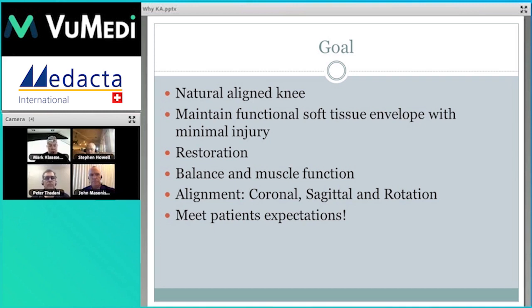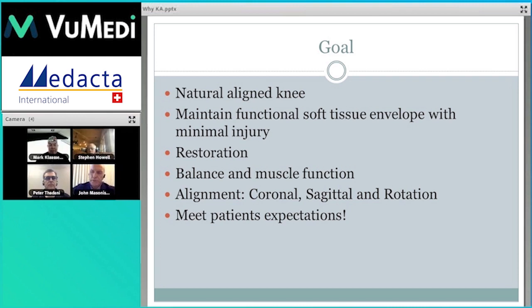And therefore, your computer, which is your brain, likes that. With my kinematic alignment, I can do coronal, sagittal, and rotational alignment. And in the end, I feel that as we go down this road, we will meet the patient's expectations much better.